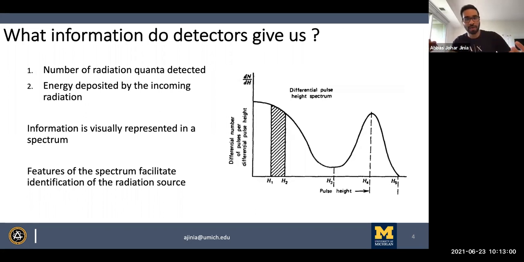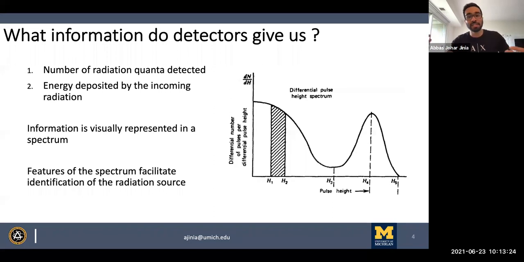If we talk about sodium-22, it is a source that emits gamma rays and it also emits beta particles. Sodium-22 has a very distinct energy spectrum, and looking at the energy spectrum, we can clearly identify that there is a sodium-22 source present.